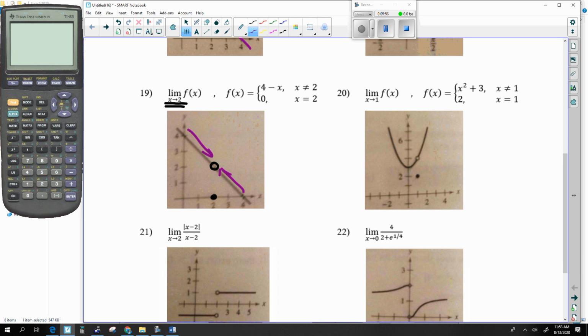Again, it doesn't matter if there's a dot there or not. They both point at the same thing, and they both point to 2. Here we have a dot and an open dot. I'm assuming, yeah, that is the question. So here's the line leading up to it. They both point to the same thing, and that is at, what, 4.